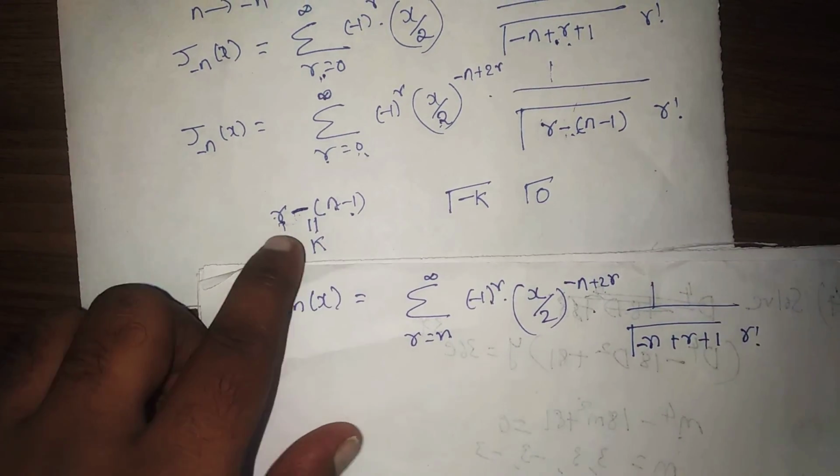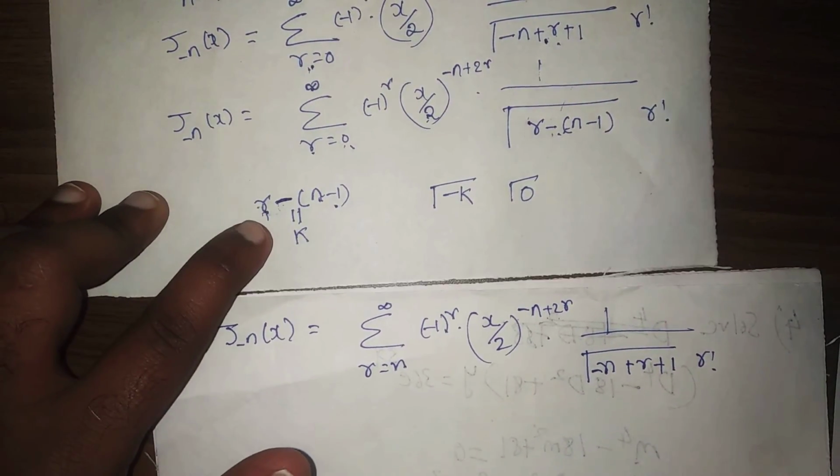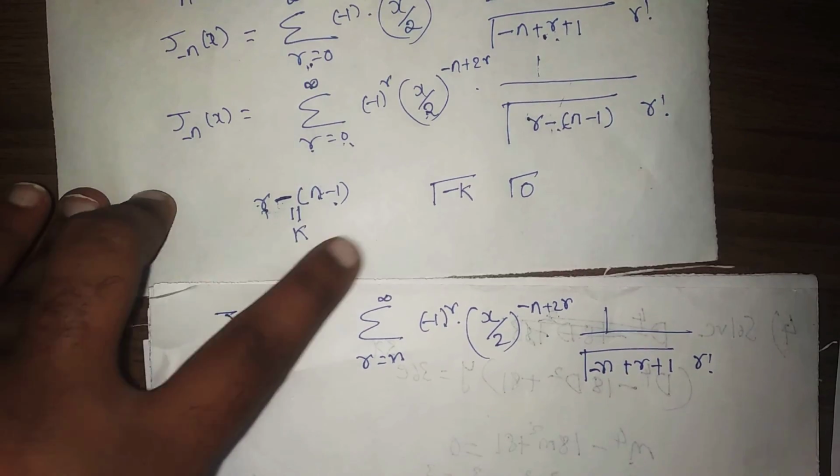I told you why I am defining from n, because till n minus 1 it is 0, before n minus 1 it is negative.